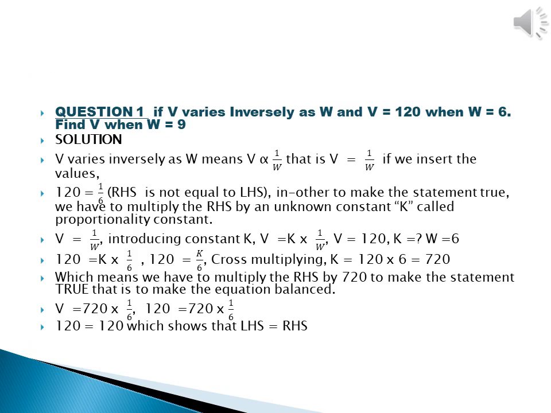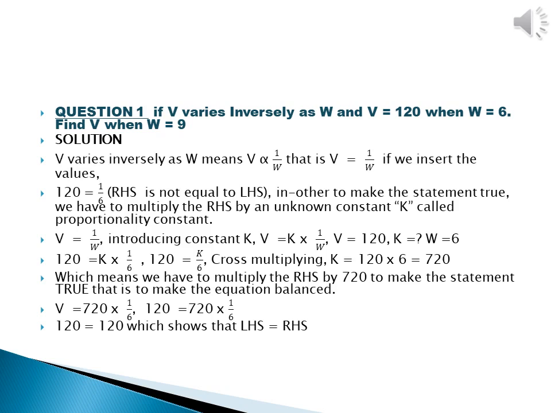Now we will look at question 1. If V varies inversely as W and V is equal to 120 when W is equal to 6, find V when W is equal to 9. Solution.